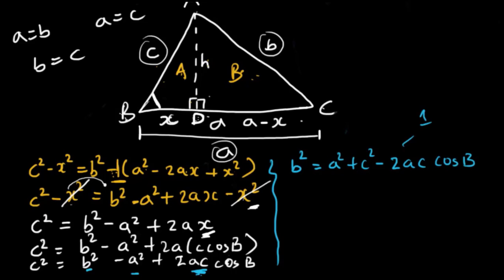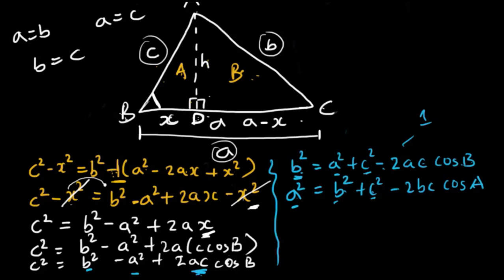Do you understand? Now also we can, in this same vein, find C and A. So watch closely. For A, we'll be having A square equals B square plus C square minus 2BC cos A. Can you see what is happening here? Now when we have B square, we'll be having A square plus C square minus 2AC cos B. Now when we have A square, we'll be having B square plus C square minus 2BC cos A. Does that make sense?